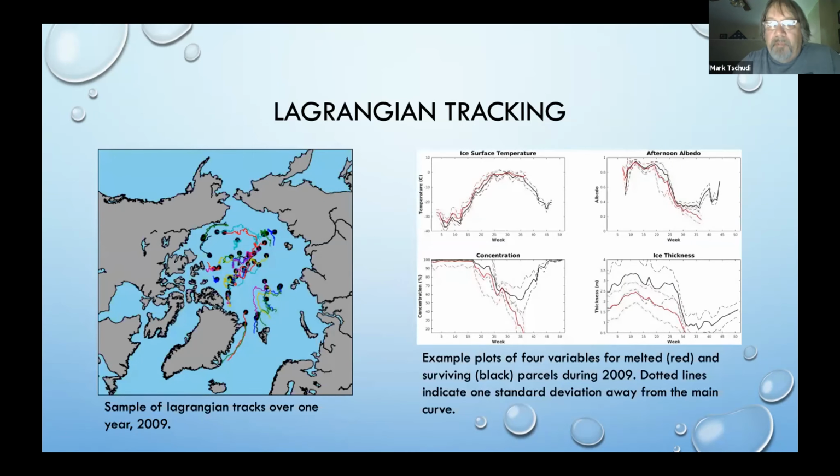All right, so one of the applications we've started doing and will continue to do on a new project is Lagrangian tracking. We're taking the sea ice motion product and looking at individual parcels, or pixels really, of the 25-kilometer ice motion product, and tracking each one of these as they move about in the Arctic.